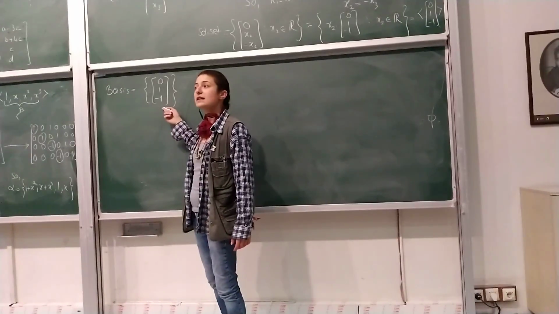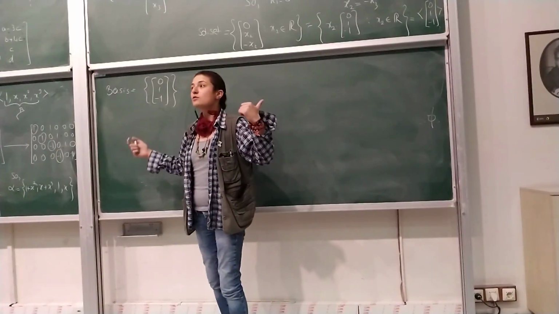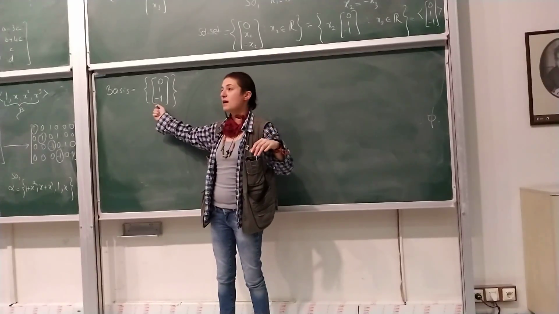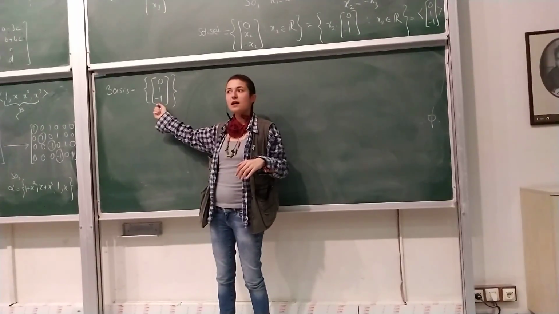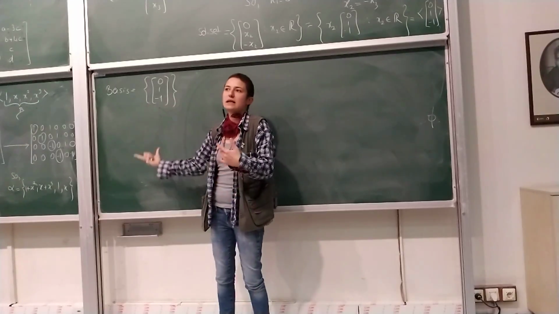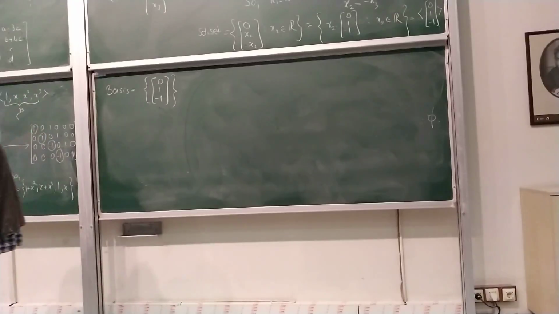Okay? This is not a subspace. This is a basis for a subspace, which means that subspace consists of all scalar multiples of this vector. Okay? Meaning all linear combinations of this set. Since the set has only one element, it means scalar multiples of that element. Okay.